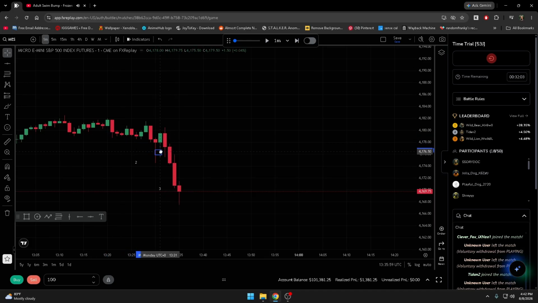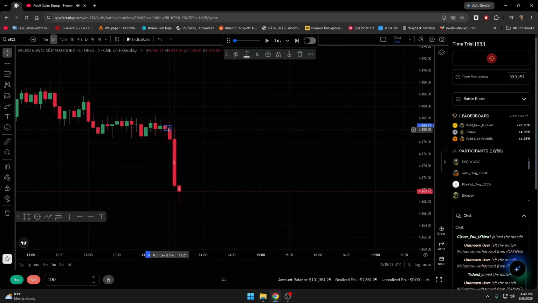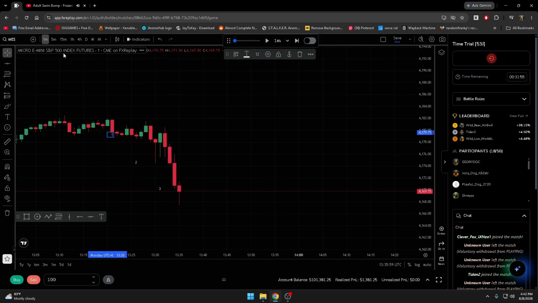So now I just say this. Well, let's just stay on the 5 minutes and see what happens. We see we got this candle right here, down to here. I'm gonna just mark out this gap right here and this third candle.